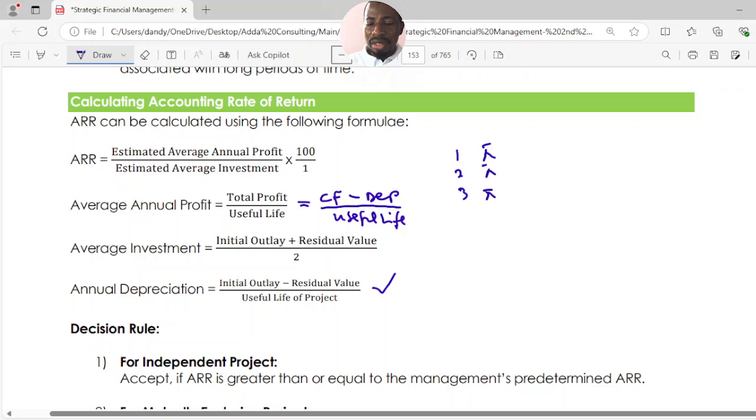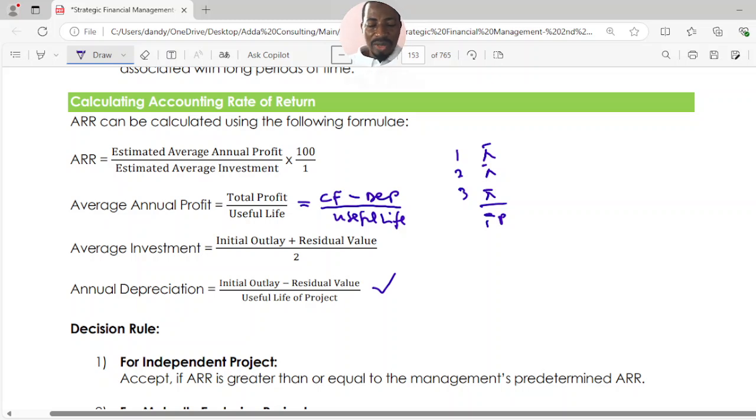So you add all the 3 of them together. That will give you the total profit. Once you have the total profit, you now divide it by useful life of the project. So that will give you average annual profit. So once you have the average annual profit, then you keep it on one side because the average annual profit is the numerator of your ARR.